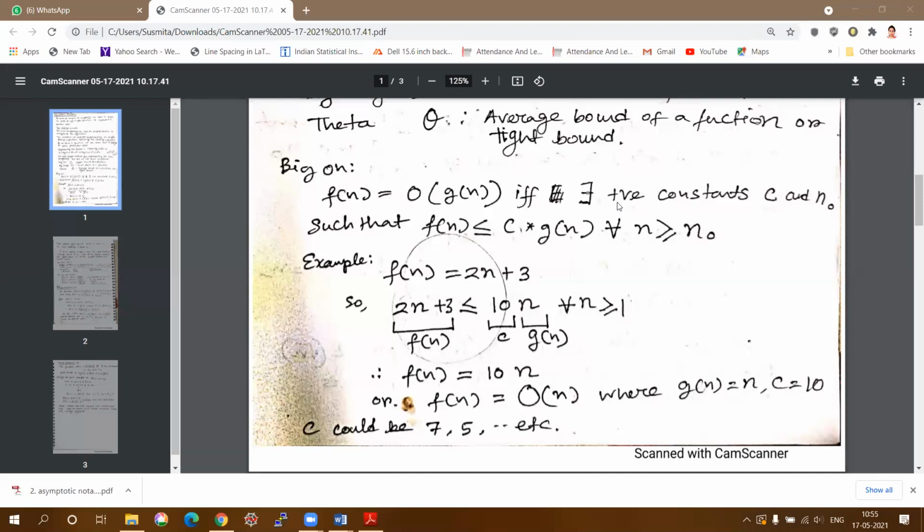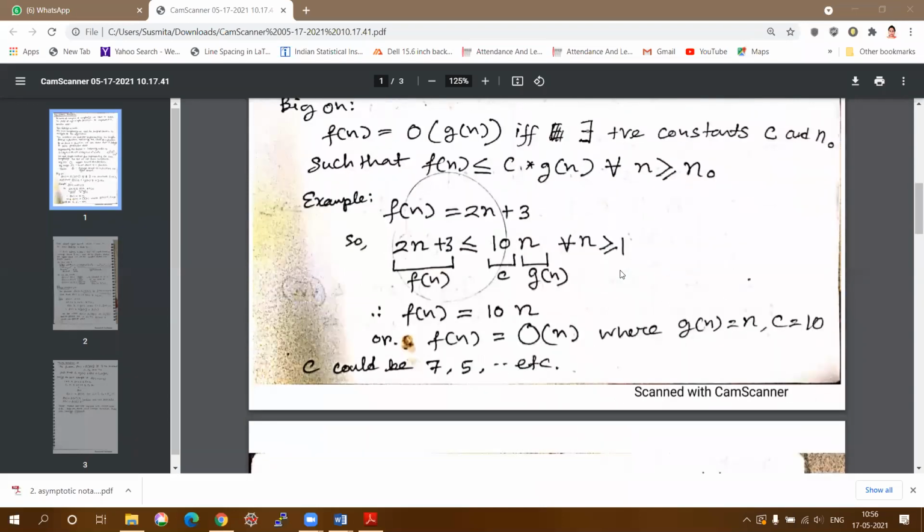If there exist positive constants C and N0 such that f(n) is less than or equal to C into g(n) for all n greater than N0, then we could say f(n) equals order of g(n). So this is the definition.